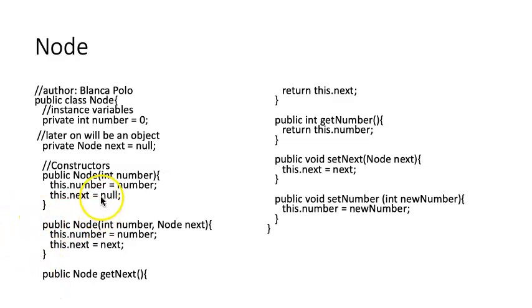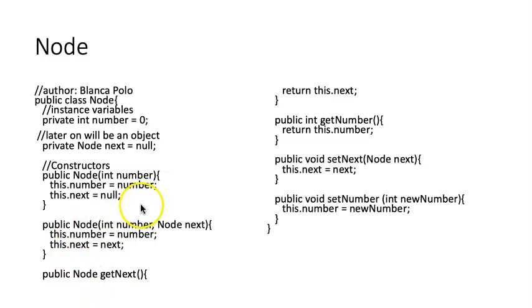You may use another constructor, the second constructor, in which you have a number and you have a reference to a next node, and then you can say, okay, number gets assigned, and then it links immediately. This node links into something else. Okay, so you could have this or you could have this. Most likely, we're always going to be using this one just to keep the node as a node in itself, not linking to anything else.